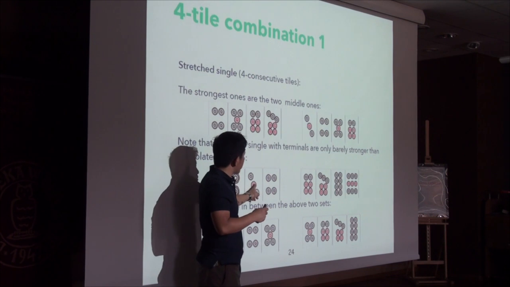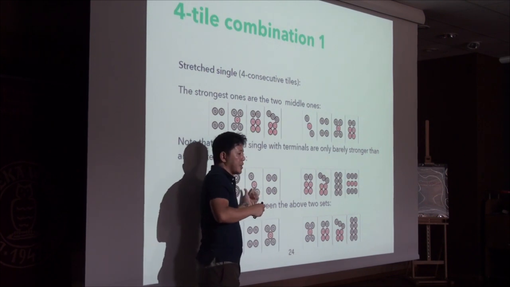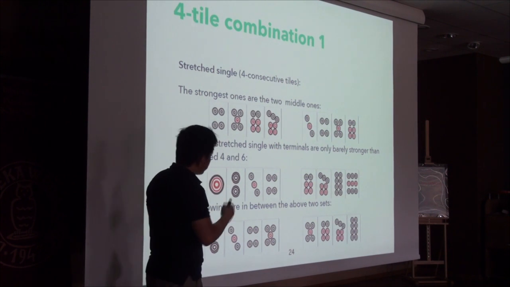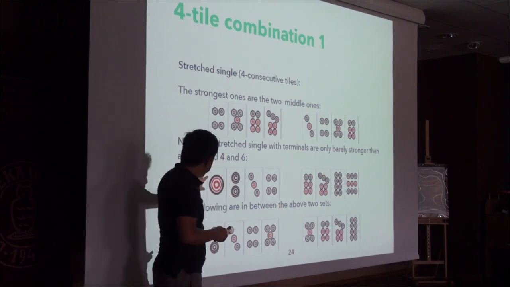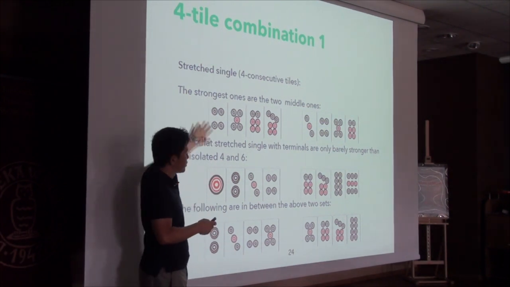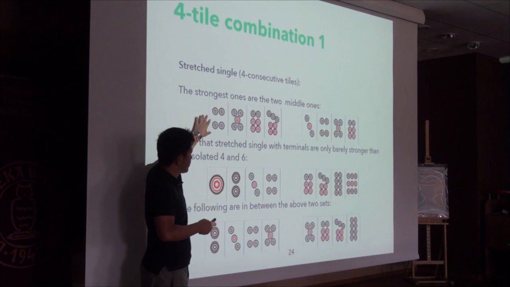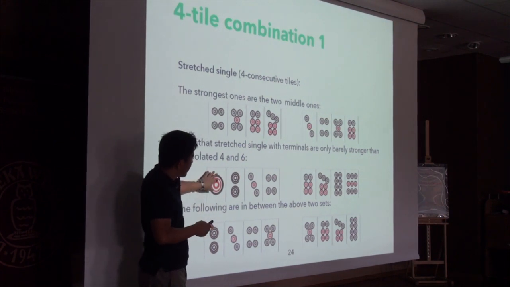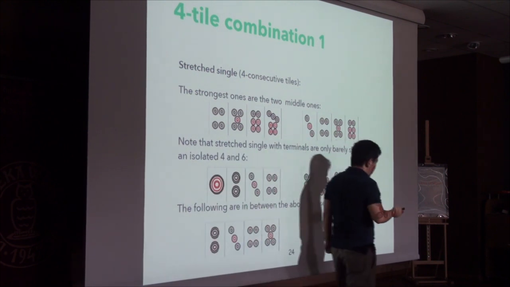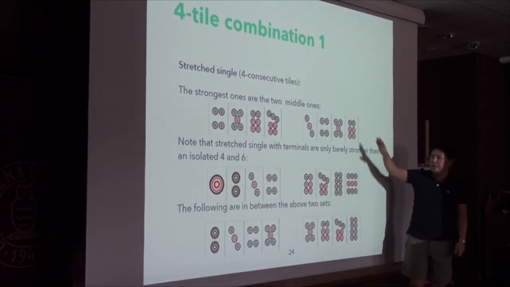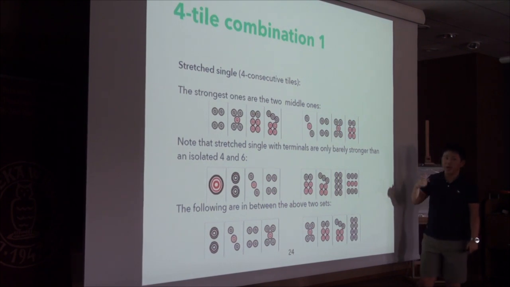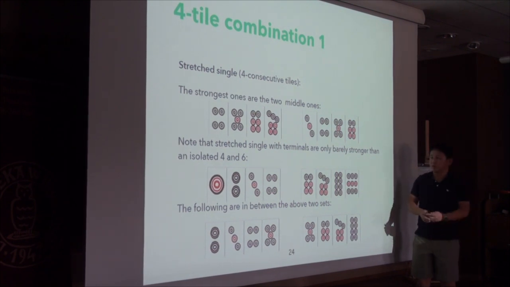Only if you draw 3 or 5, it can create 2 sideways protons. So terminal ones are not as useful. And then the following 2 would be in between these 2, right? They are the most useful, second best, and not so useful, right? So when you have a floating tile that makes up these 4 consecutive tile combinations, then you just keep them, right?